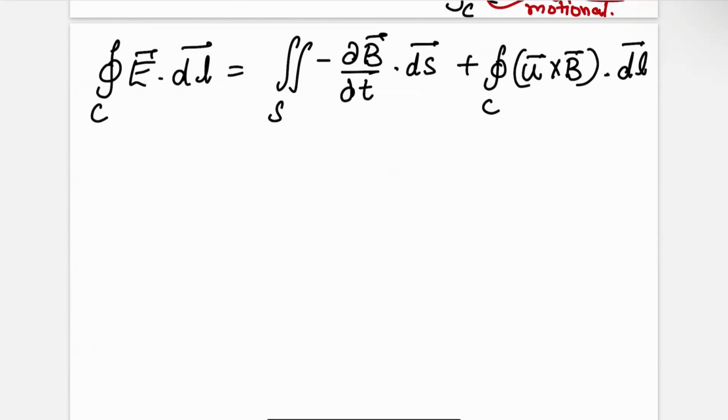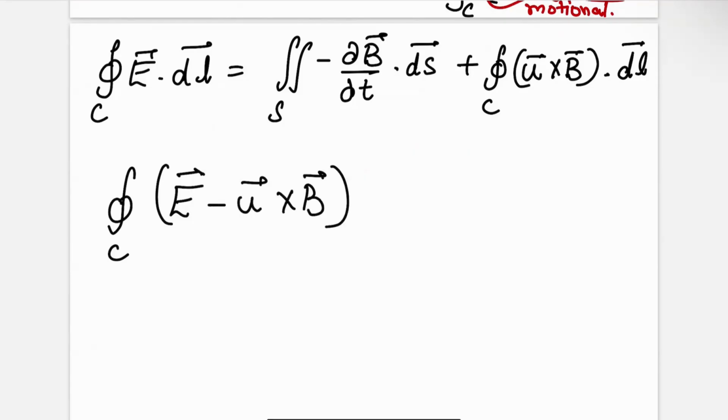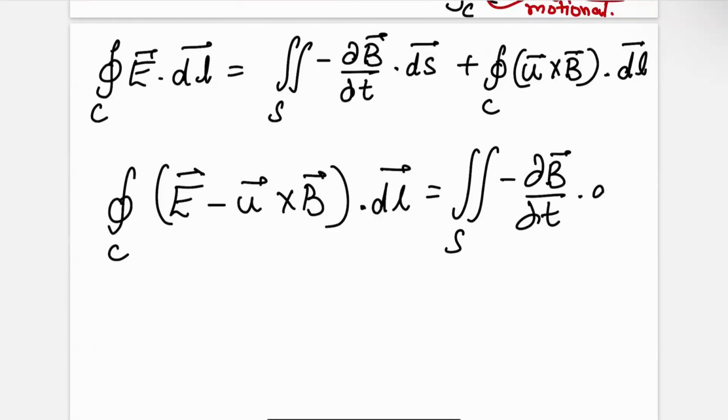Okay. So I can take this contour integral to the left and write it as one thing. So I have the contour integral of E minus u cross B dot dl, and that is equal to the surface integral of minus dB over dt dot ds.